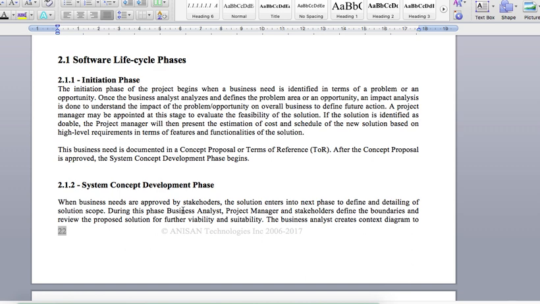And if it is prepared at a detailed level, that might be used as a business case instead of preparing different documents like a business need document, a solution concept, and again we are talking about the business case.